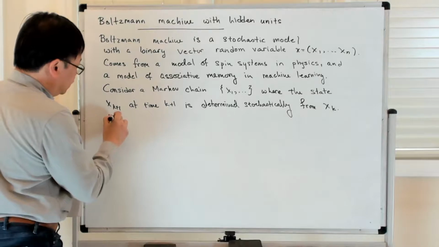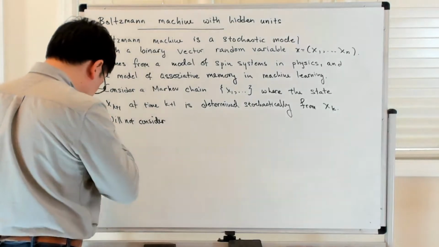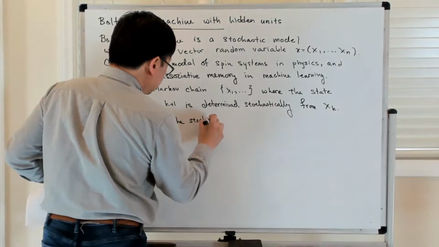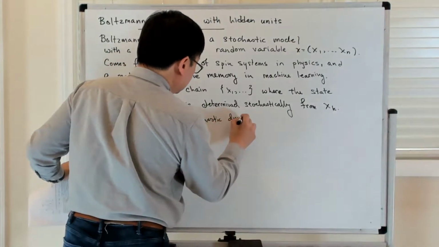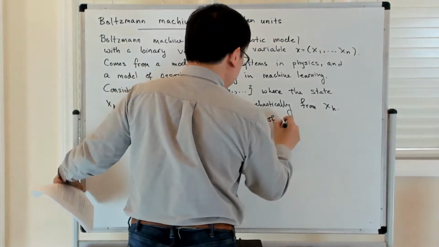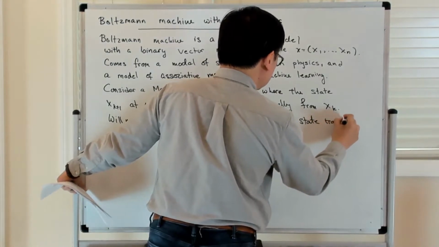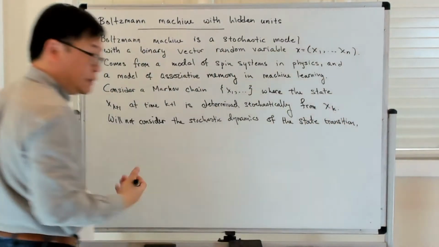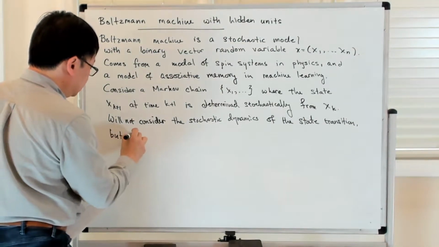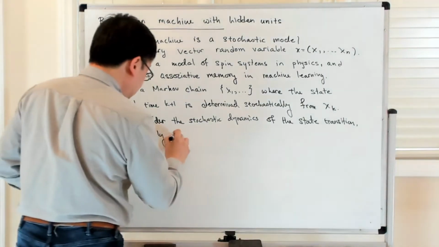So we'll not consider the stochastic dynamics of the state transition, but we're going to look at the stationary distribution, the stable distribution.